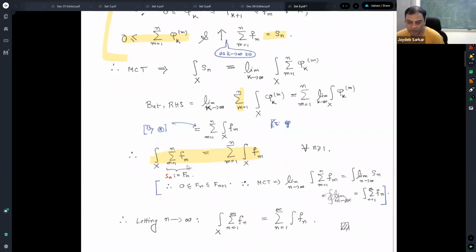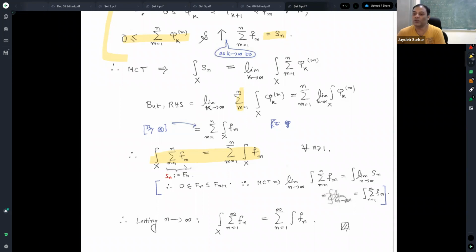It's a general non-negative measurable function. However, to get this finite sum equality, you have to go all the way to the existence of the limit by simple functions. So fm is the limit of simple functions. That is what essentially you are using. Nothing more, nothing less. And that's the reason I said it's a big deal.